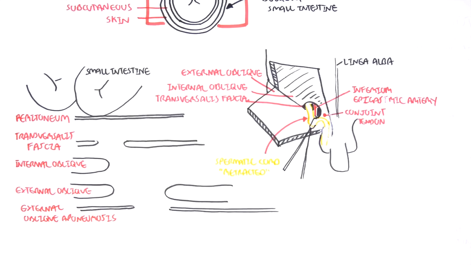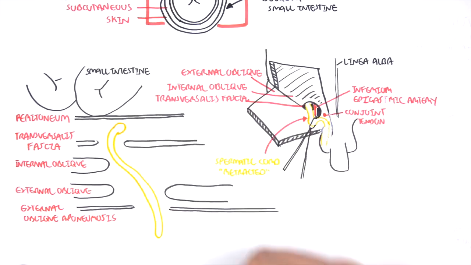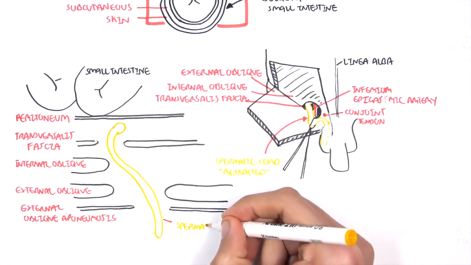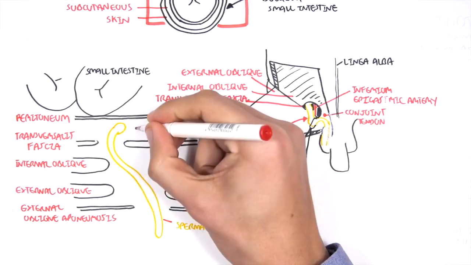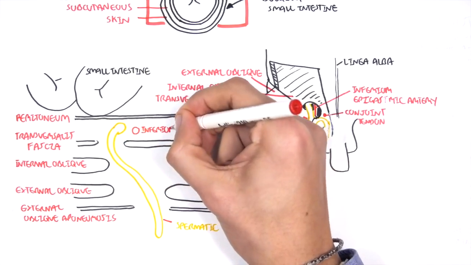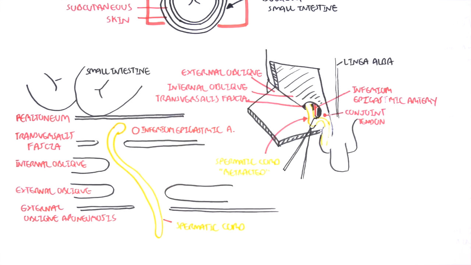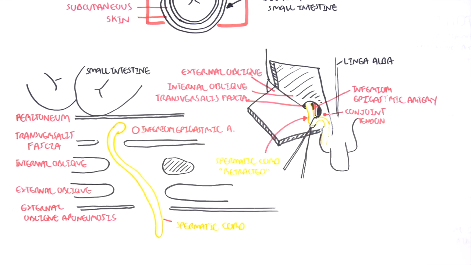Then you have the spermatic cord, which originates behind the transversalis fascia. It goes down through all these layers and down to the scrotum, traveling medially. Medial to the spermatic cord, behind the transversalis fascia, you have the epigastric artery, which again is an important landmark, and then you also have the conjoint tendon here.